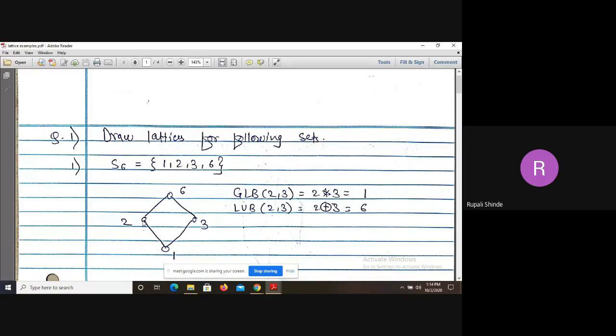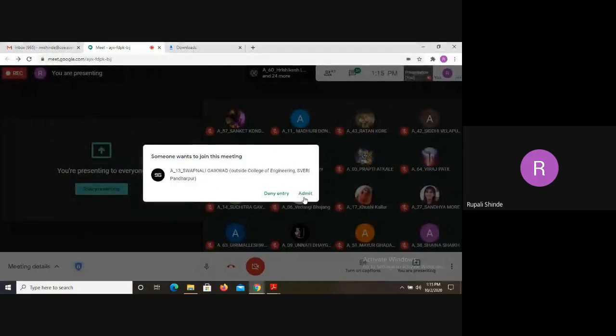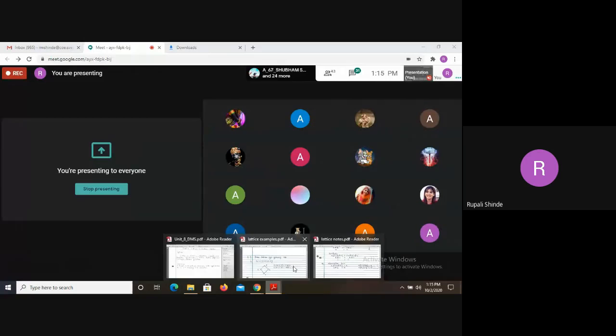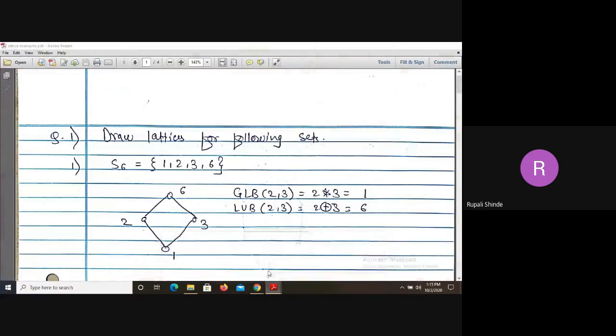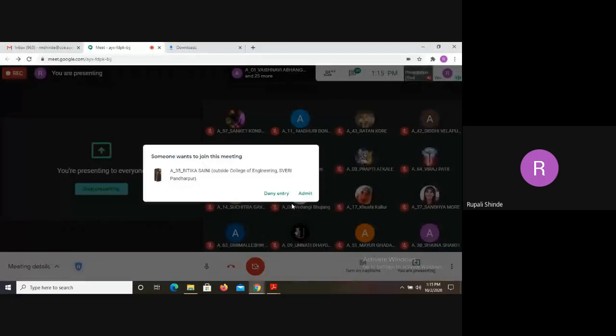Likewise you can consider the pairs 1 2, 1 3, 2 6, 3 6. If you consider the pair 1, 2, the greatest lower bound is 1 and the least upper bound is 2. Likewise we can find the greatest lower bound and least upper bound for each and every pair of elements. That's why we can say that this is a lattice.